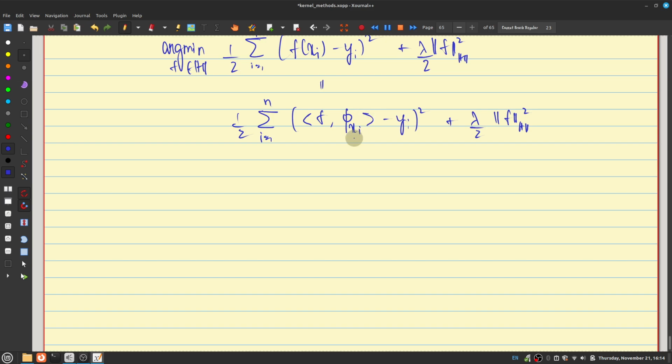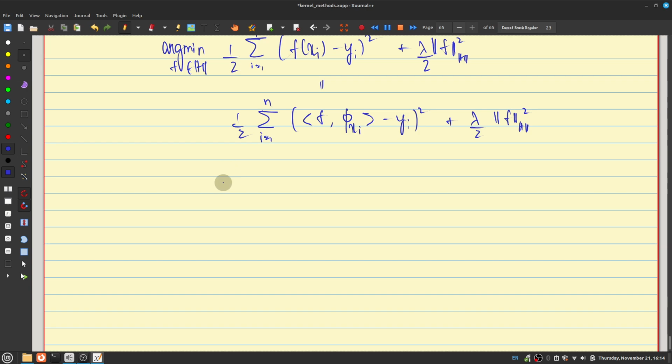Okay, so this is an inner product between f and phi. Is there some way of simplifying this? Now, again, by the representer theorem, f is going to be a linear combination of the phi xi's, right?